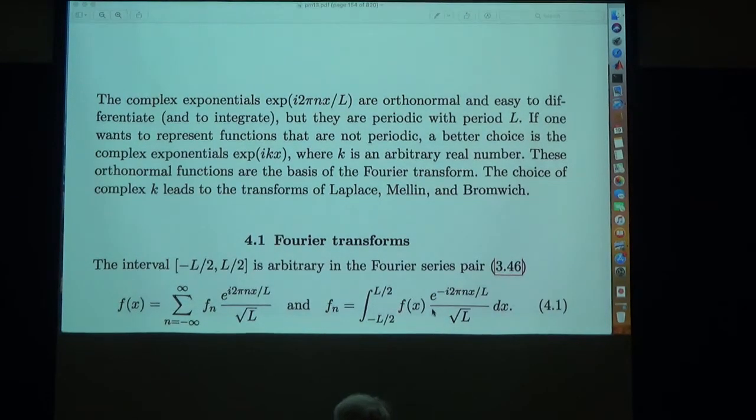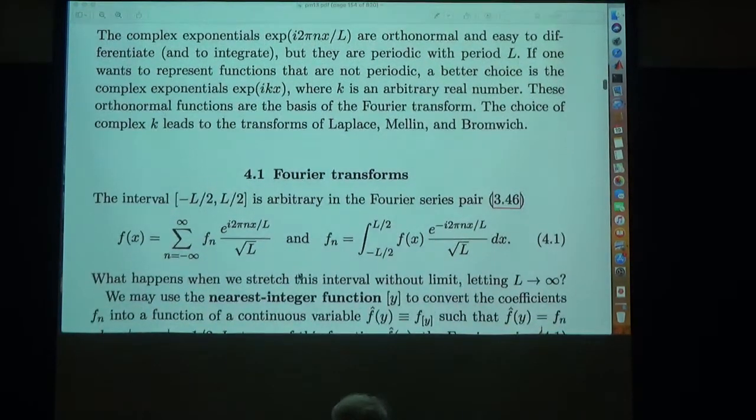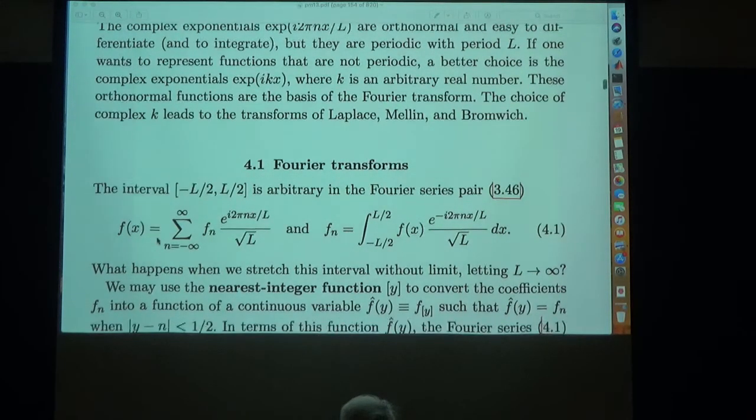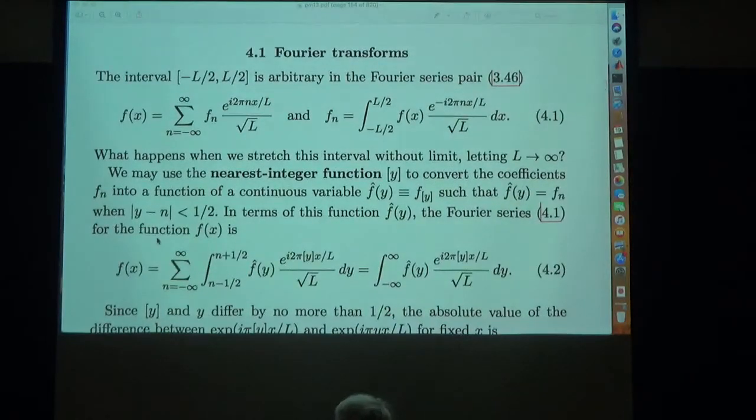Now basically with Fourier series like this, you're automatically representing a function that's periodic with period L. And so the question is, how do you get beyond that to represent an arbitrary function? And once again, Monsieur Fourier comes to our rescue.